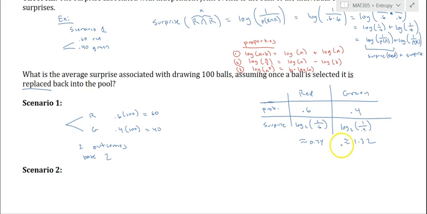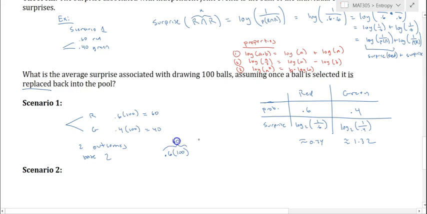Okay, great. So now that we have that, if we want to compute the total or the average surprise, well, we're going to have 60 outcomes, which, recall, the way we got 60 was by taking 0.6 times 100. So this is simply 60, but I'm going to write 60 like this for now.